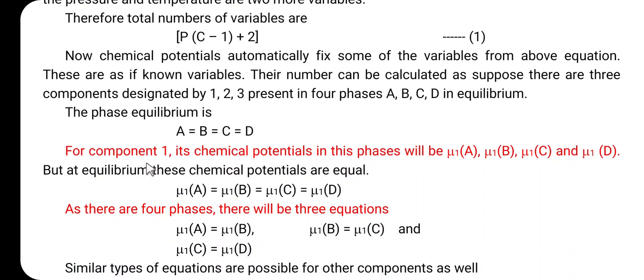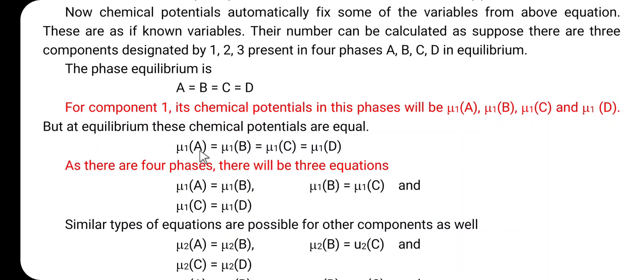For the first component, the chemical potential in these phases will be given as mu1 A, the chemical potential of the first component in phase A, then mu1 B for phase B, and similarly mu1 C and mu1 D. But at equilibrium, these chemical potentials are equal.